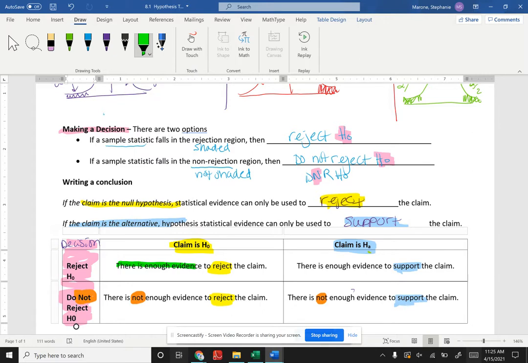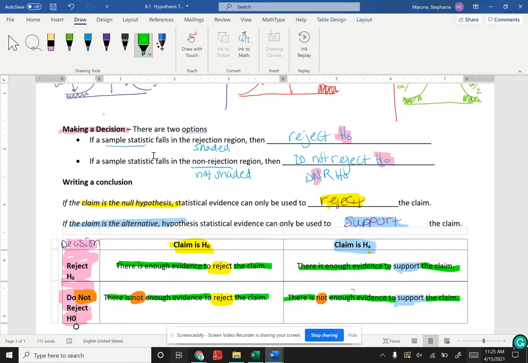So there is or there is not enough evidence to either reject or support the claim. We never deviate from those words. Don't make it more flowery. Don't make it shorter than it is. Don't say support the null hypothesis or change it however you want. Don't change it. It can be one of those four sentences.